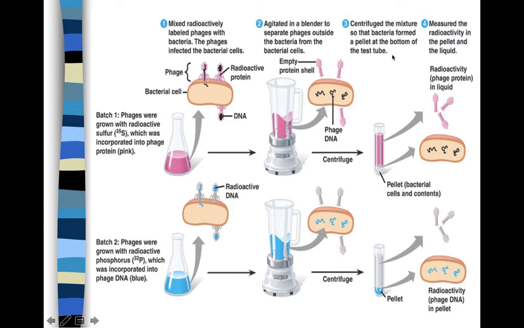Centrifuge the mixture so that bacteria formed a pellet at the bottom of the test tube. 4. Measured the radioactivity in the pellet and the liquid. The phage protein right here was in the liquid. Now batch 2. Phages were grown with radioactive phosphorus, which was incorporated into phage DNA, blue.